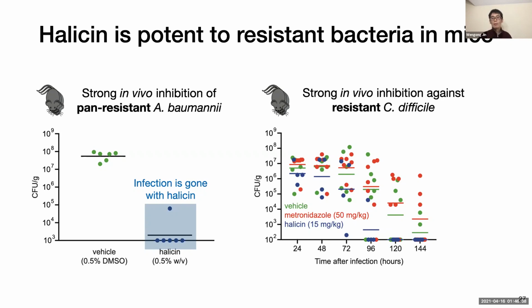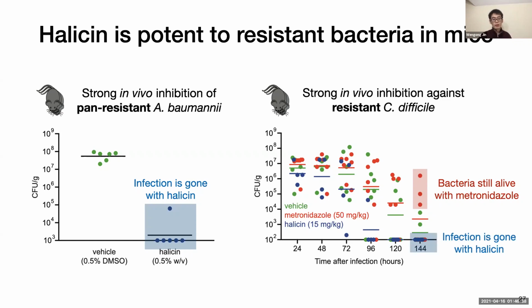On the right, we also see that the bacteria C. difficile is resistant to many existing antibiotics. For example, if you treat this bacteria with metronidazole, which is the frontline, first-choice drug in treating this infection, it is actually not effective anymore because of antibiotic resistance.